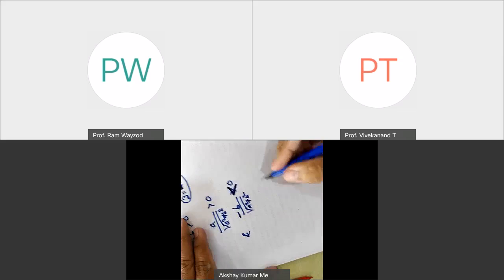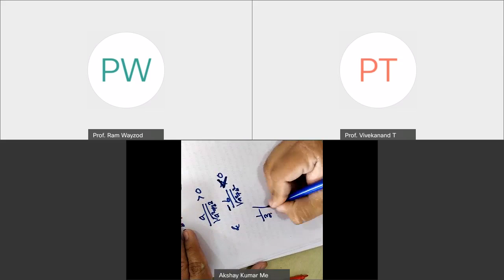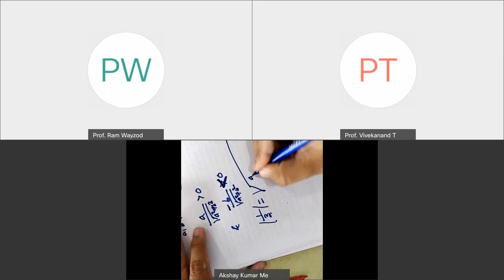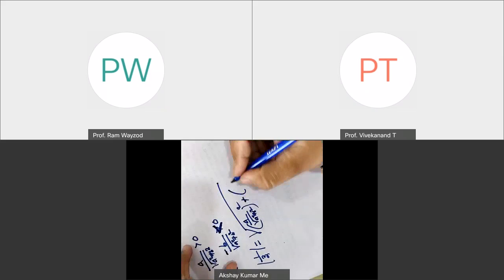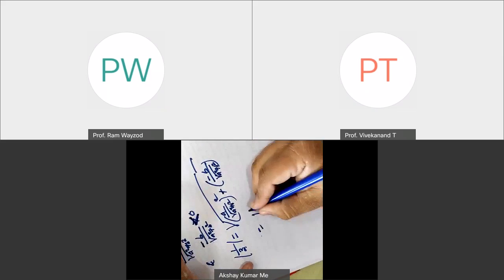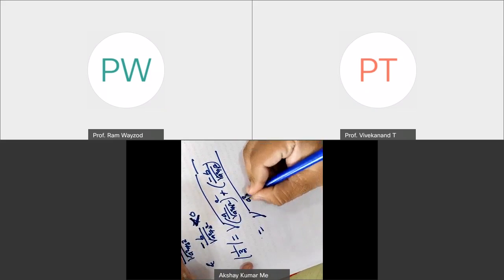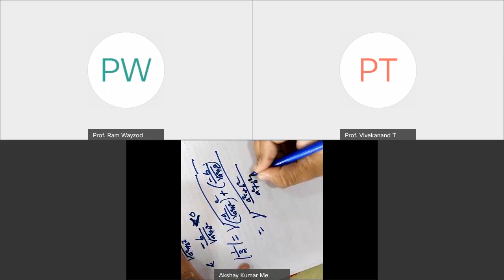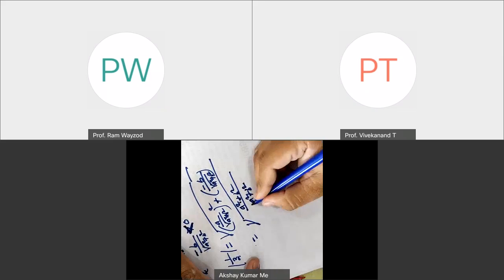Okay. So in the next step, what does modulus mean? Modulus of 1 upon z is root of (a upon a square plus b square) whole square plus (minus b upon a square plus b square) whole square. So we get a square plus b square upon (a square plus b square) whole square.